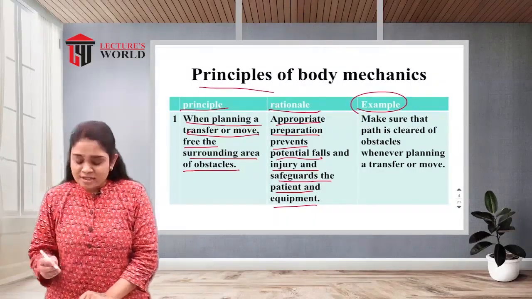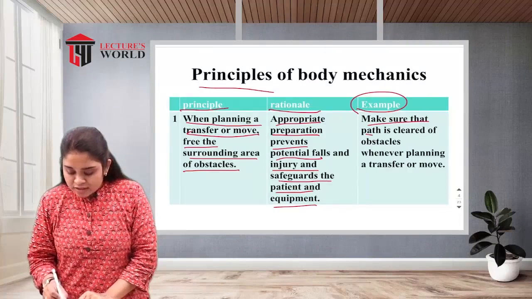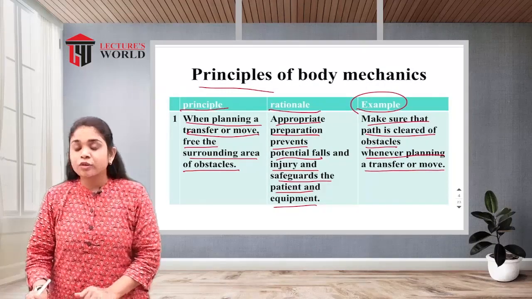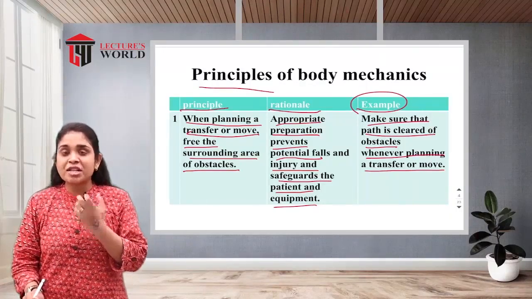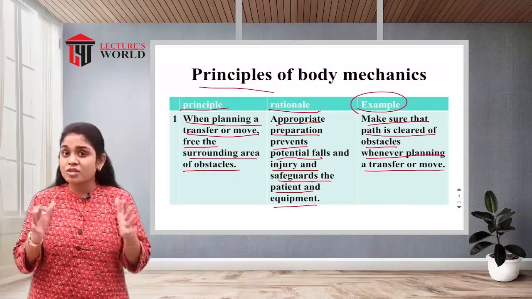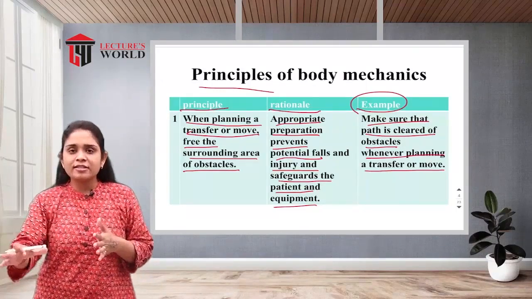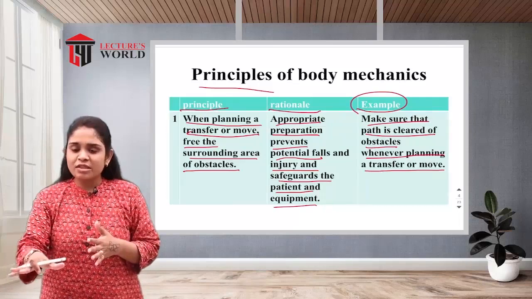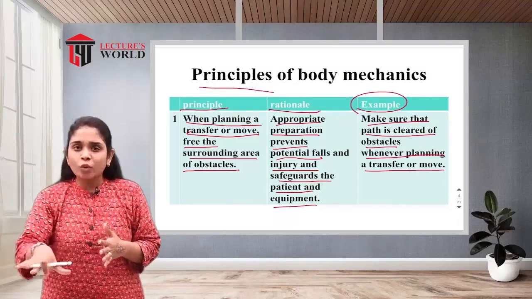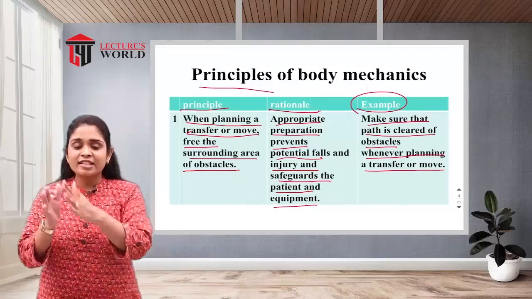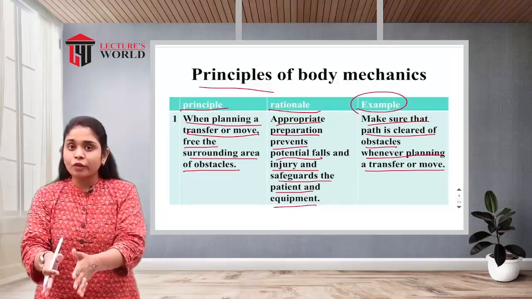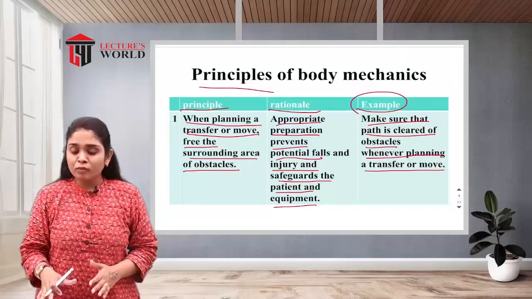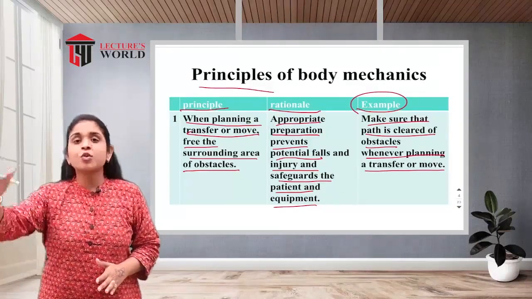Now the example that has been given: make sure that the path is clear of obstacles whenever planning a transfer or a move. Okay, one more example I can give for this. If you are transferring a patient on a stretcher, but there is a notice on the floor, maybe something has spilled over the floor, and a caution board says the floor is wet, and still you just go from there.